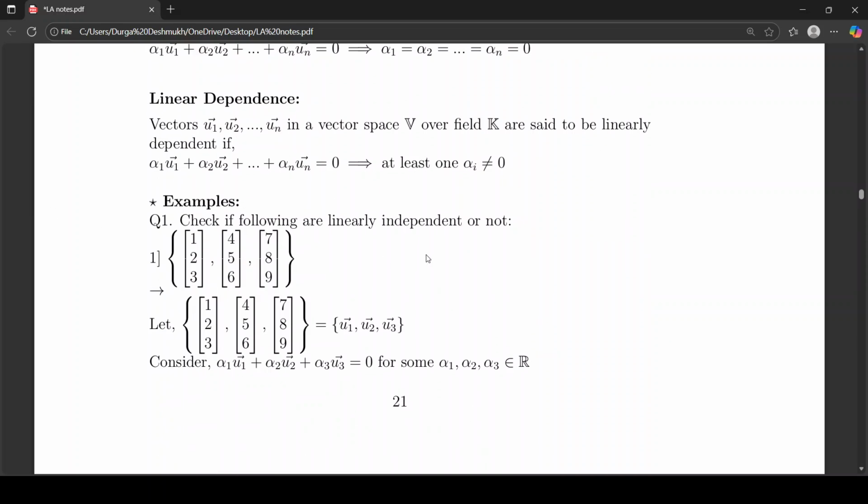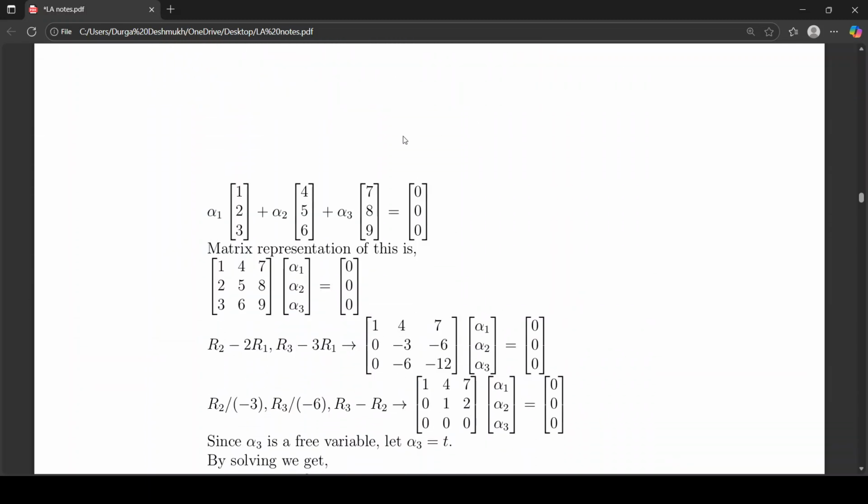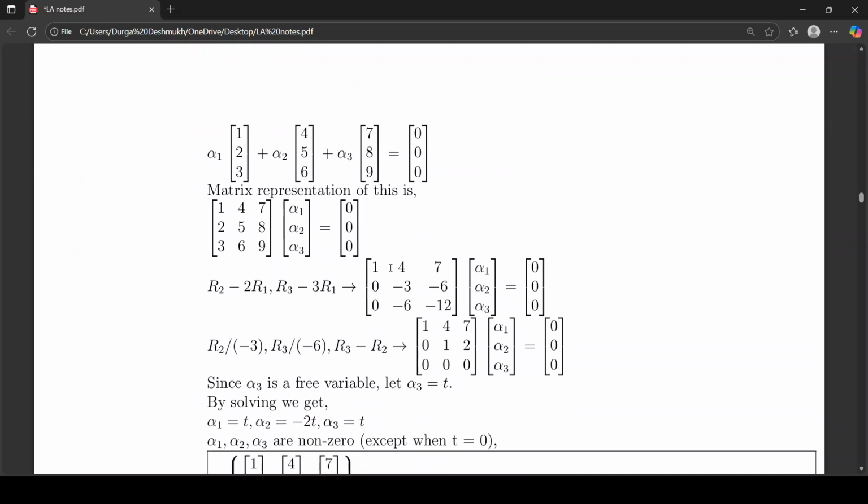To check if they are linearly independent or not, we will consider this dependence relation for some constants and solve the system of linear equations again. Convert it into row echelon form and find the possible solutions. If all the possible solutions for the constants are 0, then they are linearly independent.